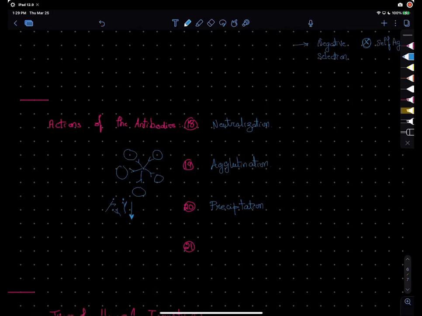All these three here, neutralization, agglutination, and precipitation, are going to be enhancing an inflammatory response, enhancing inflammation to take place, and phagocytosis.